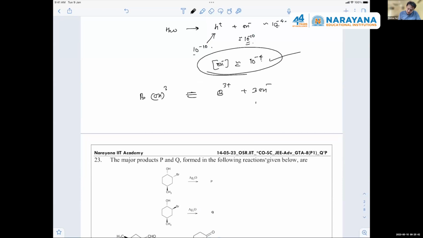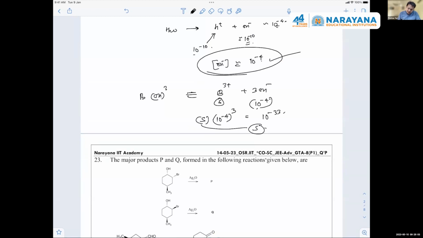Take it very safely equal to 10 to the power minus 4. And now S multiplied by 10 to the power minus 4 raised to the power 3 must be equal to the equilibrium constant, which is 10 to the power minus 33. By solving this, you will get the value of S.